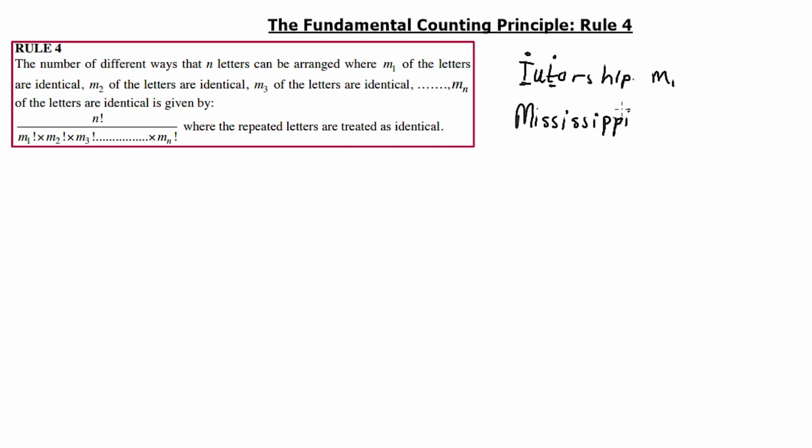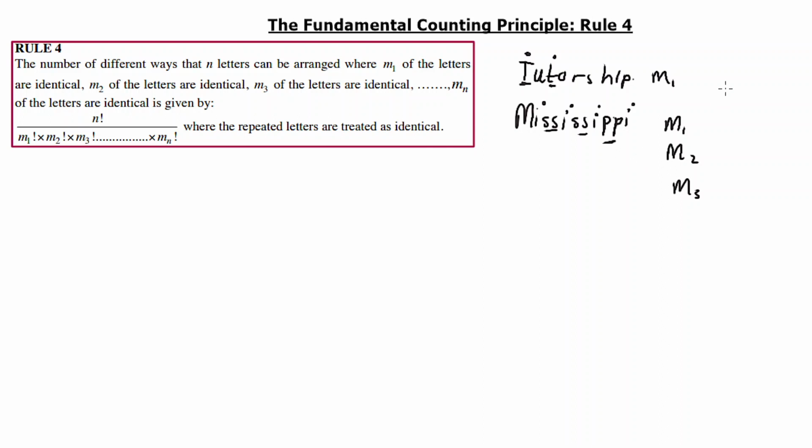It's one of the states in the United States. Check: the I's, m1, they are treated as the same. The other letters, they are treated as identical. S, or m2, they are treated as identical. PP, or m3, they are treated as what? Identical. Remember?